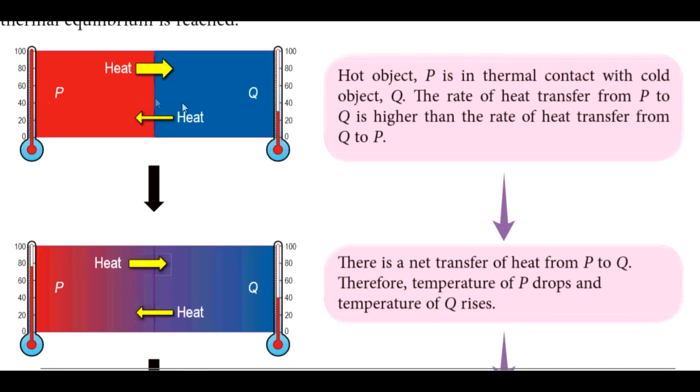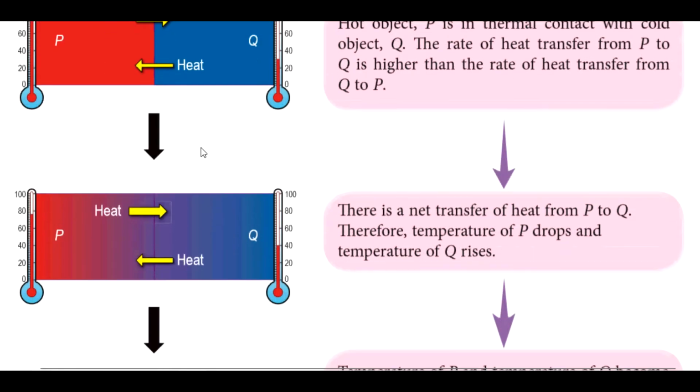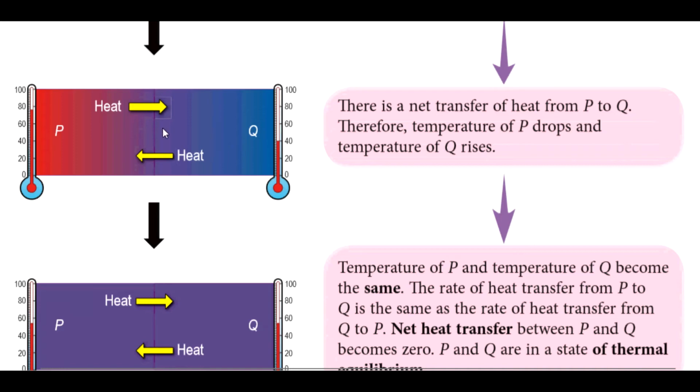When they are in thermal contact like this, there will be heat transfer from P to Q and at the same time from Q to P. But since P is hot, the rate of heat transfer from P to Q will be higher compared to the rate of heat transfer from Q to P. So we say that there is a net heat transfer from object P to object Q. Hence, the temperature of P will drop and the temperature of Q will rise.